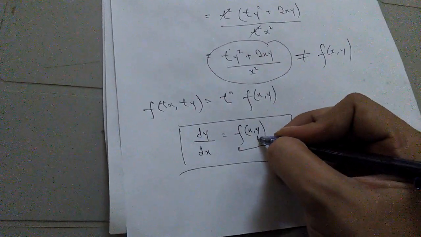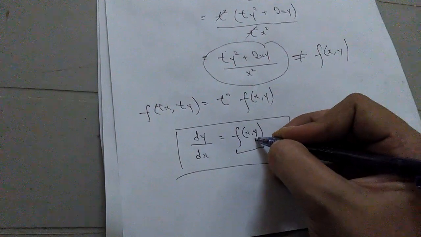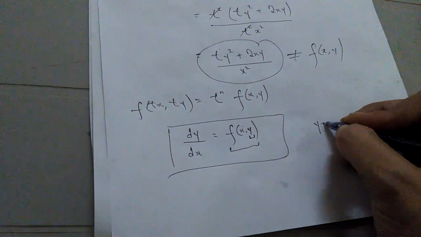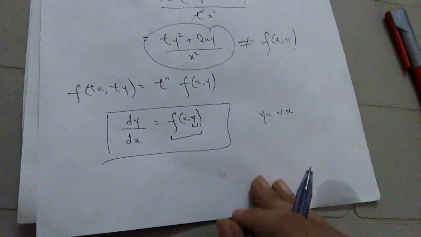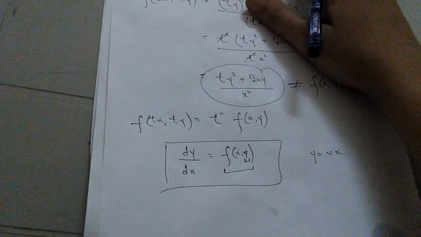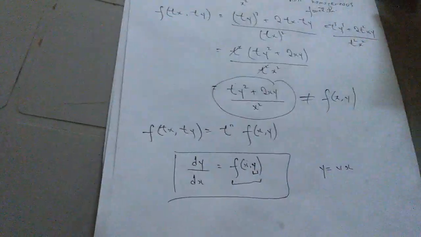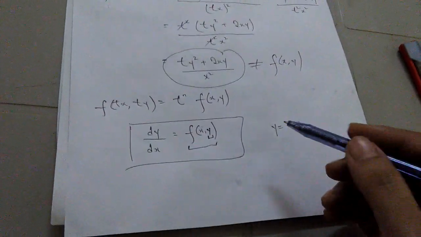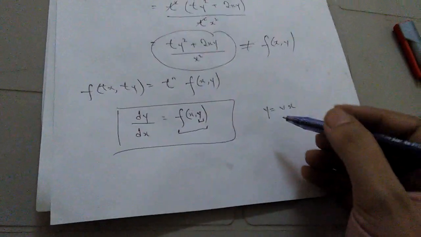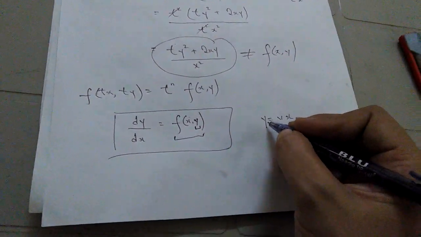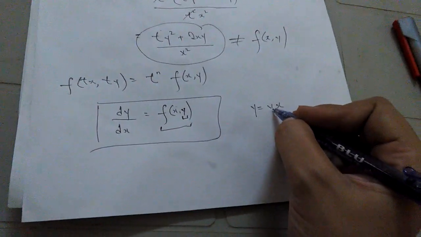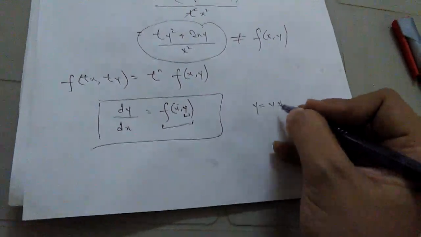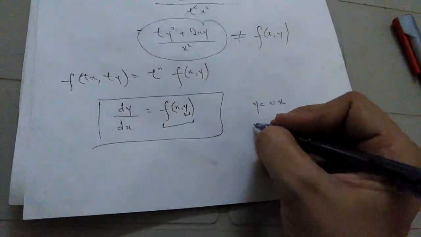Whatever the variable, you replace it with v times the other variable. So here y is going to be replaced with v times x. After that, we perform the pre-calculus mathematics and then solve this out. Wherever we have y, we replace it with v of x, and then differentiate both sides with respect to x.